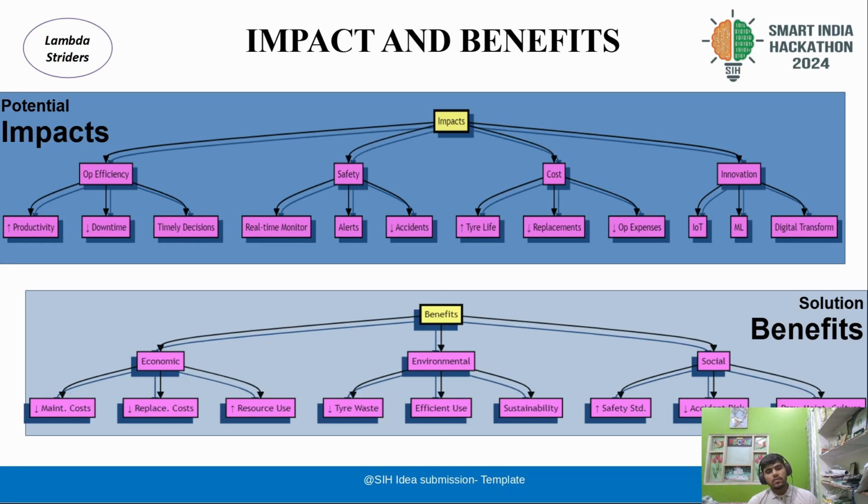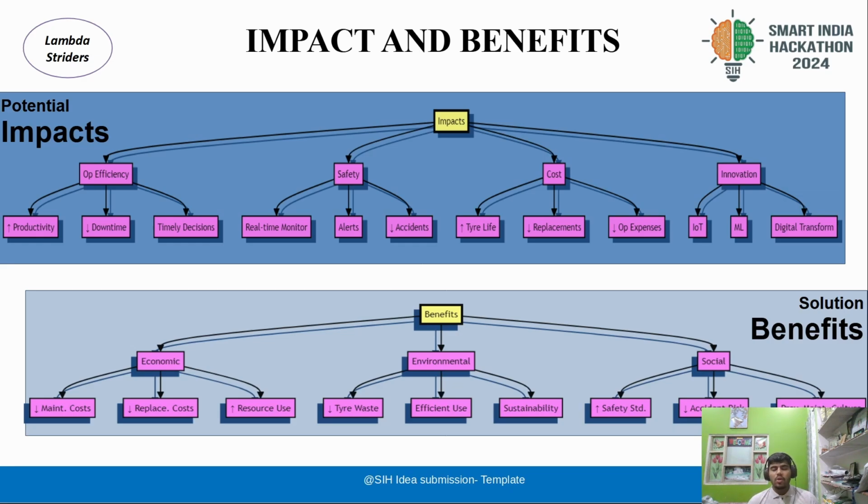Looking at the benefits, we have economic benefits. Maintenance cost goes down, replacement cost goes down, and the resources are utilized much more efficiently. People don't have to worry about when the tire is going to get low pressure, or whether it's in line with the TKPH assessment or not.